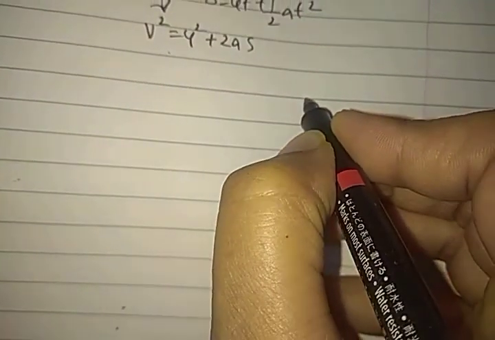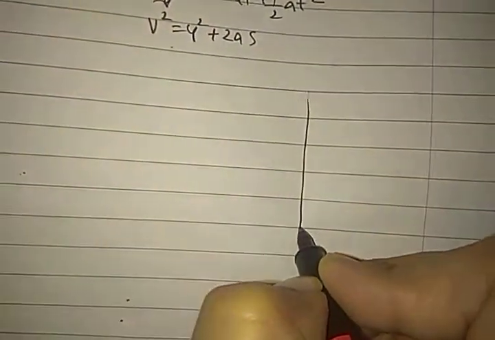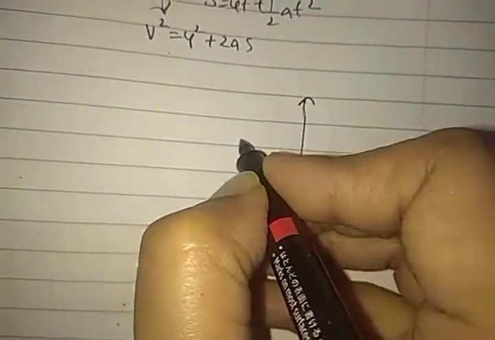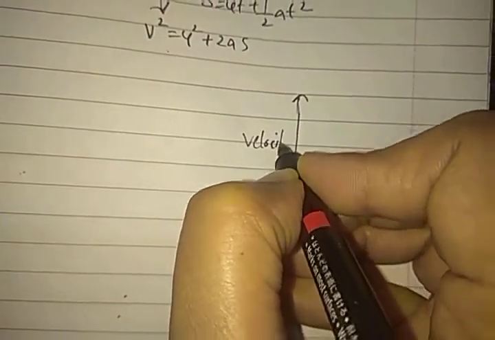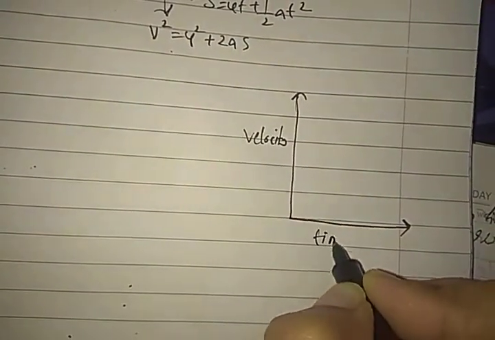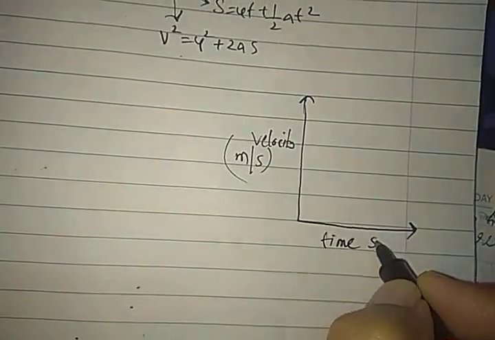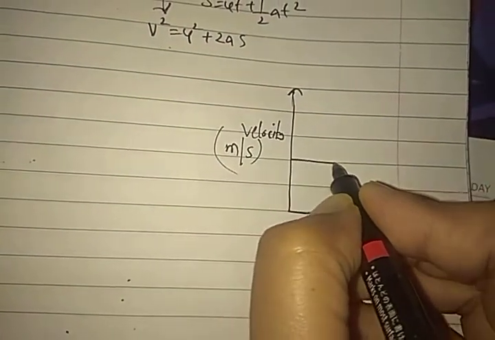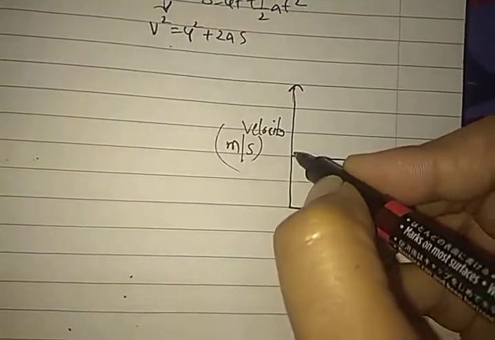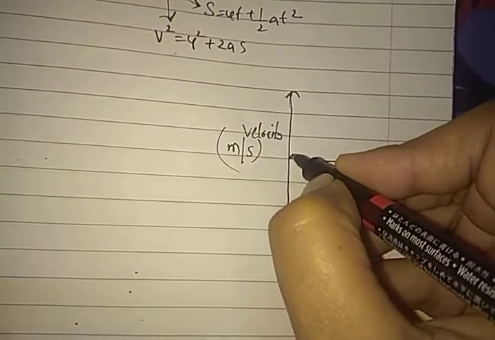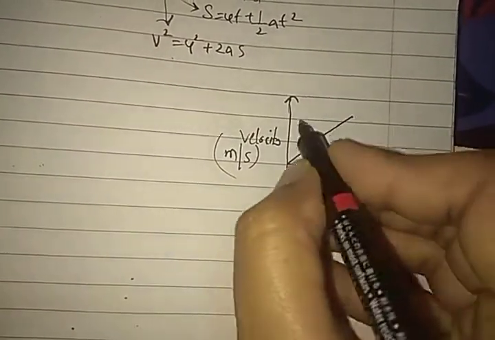Which type of graph is this? This is a velocity time graph. By drawing the velocity time graph, we will get acceleration. Velocity is in meter per second and time in seconds. Up to this point, the object was at rest, and after this point the object started to move.